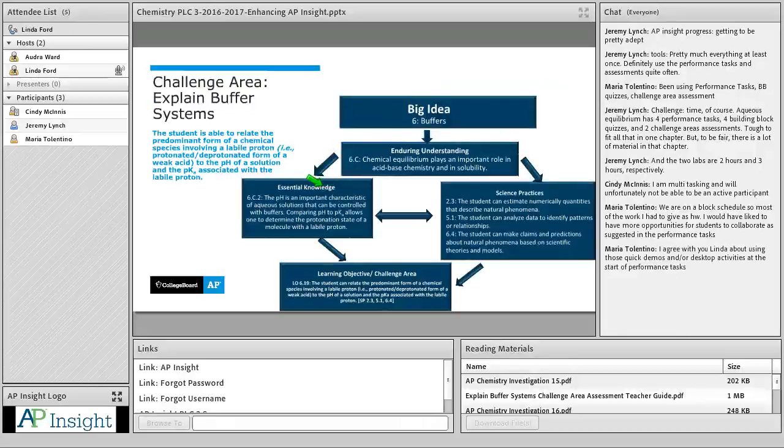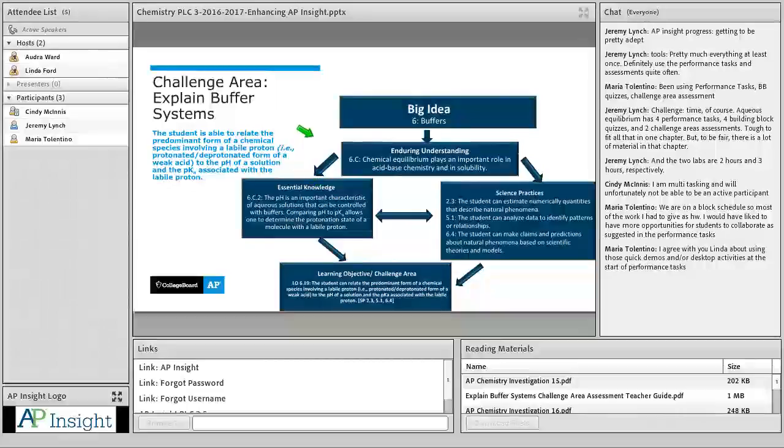So here's this challenge area, explain buffer systems. Most of us know that the entire curriculum is not covered in AP Insight Chemistry, but what they have done is identified the toughest areas to understand and provided us the resources to get through these really tough areas of our curriculum.